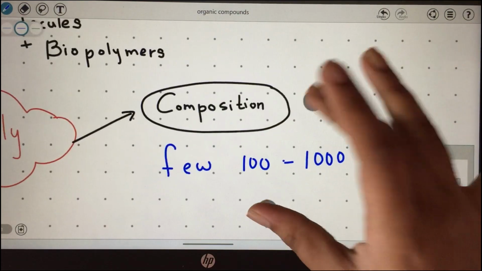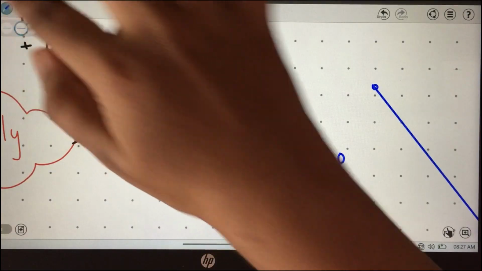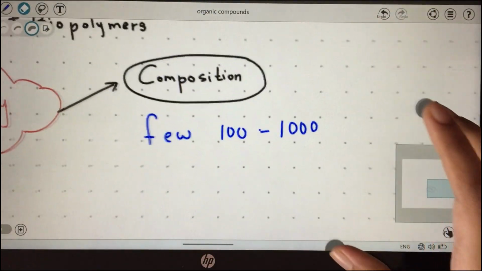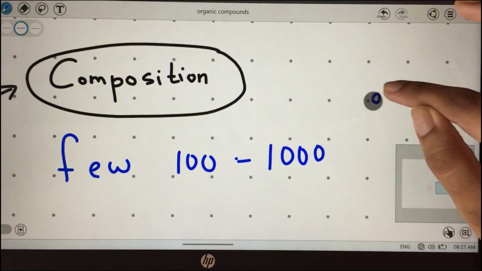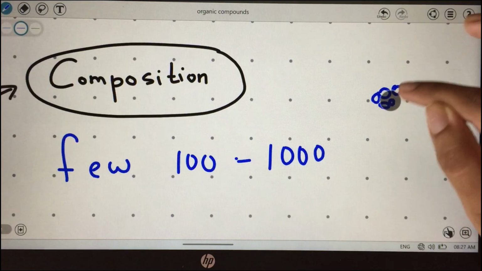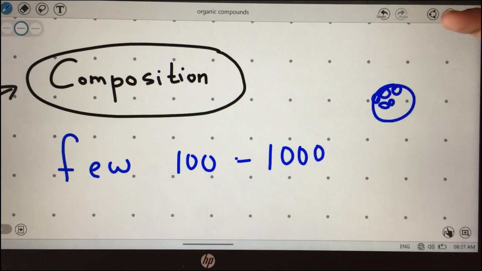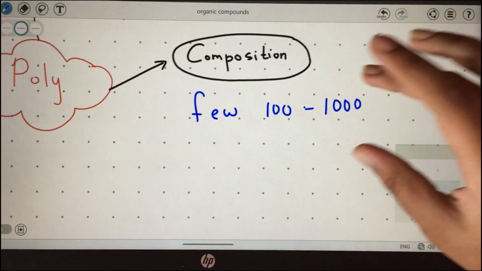Monosaccharides are the monomers. So a few hundred to a few thousand molecules are going to combine to form a total big molecule called the polysaccharide.